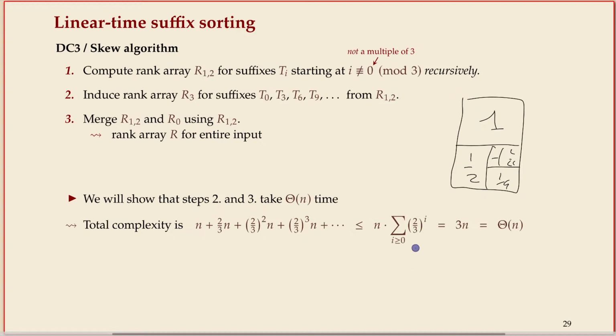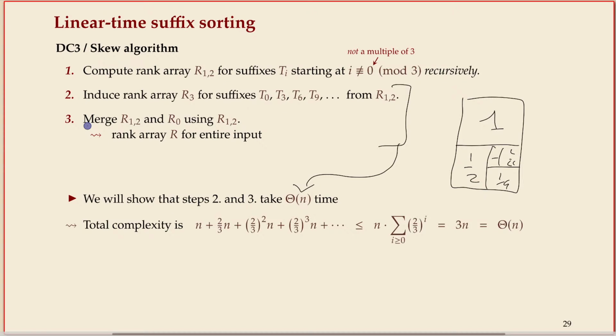You can upper bound this by going all the way to infinity with that sum. And that sum turns out to be 3. So you upper bound the overall cost by 3 times the cost of these two steps, assuming that they take linear time in their input size, which we'll have to show how to do. But if we can show that they're in linear time, then the overall algorithm also just takes linear time. So that's the easy part.